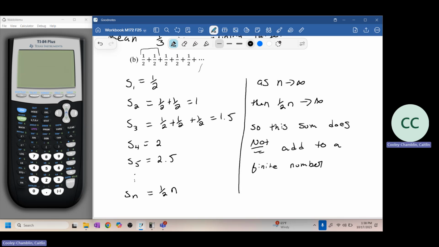When you add all these up, they really just keep going and getting bigger and bigger. We would actually, using our verbiage before, say this sum diverges.